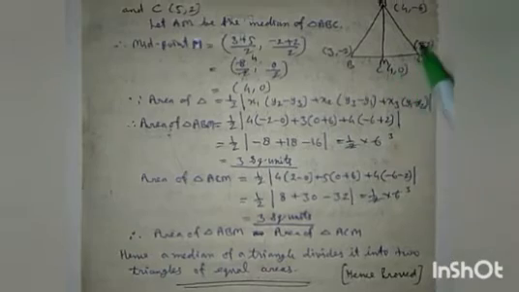Here 0 minus minus 6 means 0 plus 6, plus 4 into minus 6 plus 2, which is equal to half modulus of here minus 2 into 4 is minus 8 plus here 3 into 6 is 18 plus here minus 6 plus 2 is minus 4 into 4, that is equal to minus 16. So it is equal to half into here minus 16 and minus 8 is minus 24 plus 18, that is minus 6, and modulus of minus 6 is equal to 6. So it is equal to half into 6, that is equal to 3 square unit.